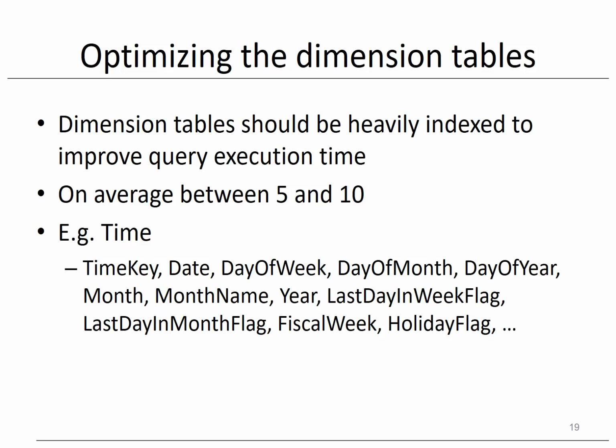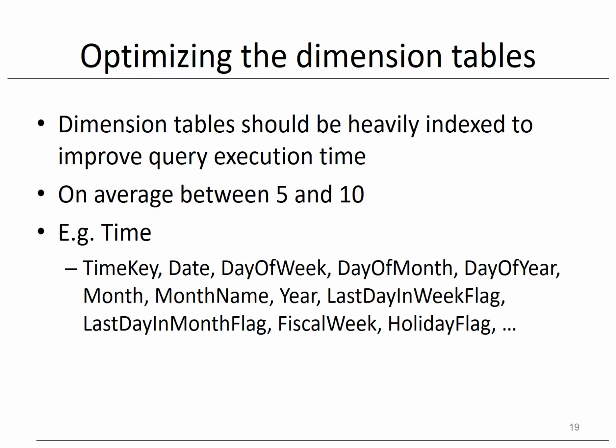A dimension table usually has a smaller number of rows compared to the fact table. The number of columns can get quite large, with many of them containing descriptive text. To improve query execution time, the dimension tables should be heavily indexed because they contain the information that will be used as selection criteria. On average, the number of dimension tables is between 5 and 10.